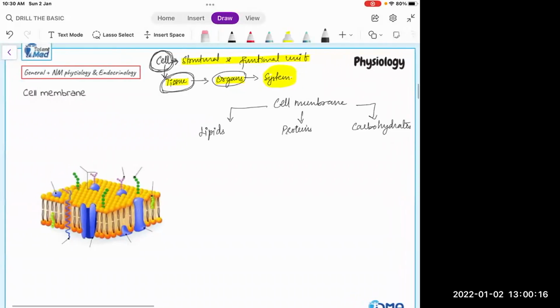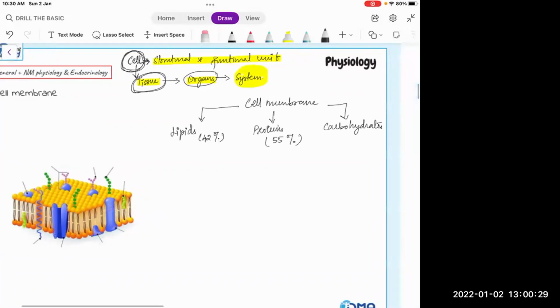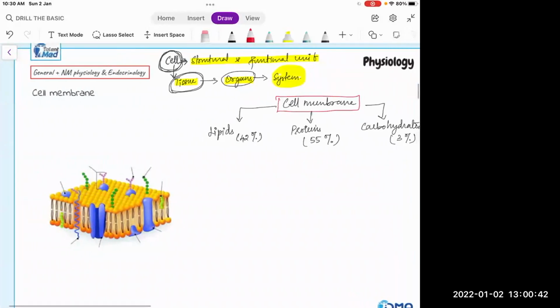The lipids constitute nearly 42% of the cell membrane, the proteins constitute 55%, and the carbohydrates constitute only 3%. So these are the components of the cell membrane.